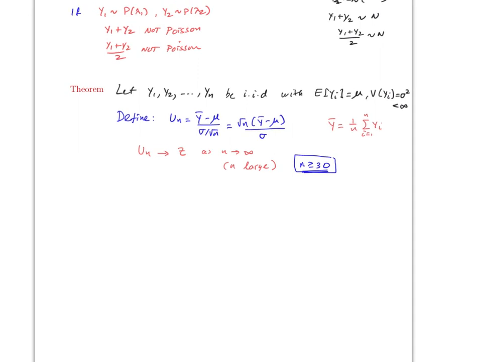Now, what the central limit theorem says is this: if you have a distribution like the exponential, clearly the graph for an exponential function, remember, looks like this.